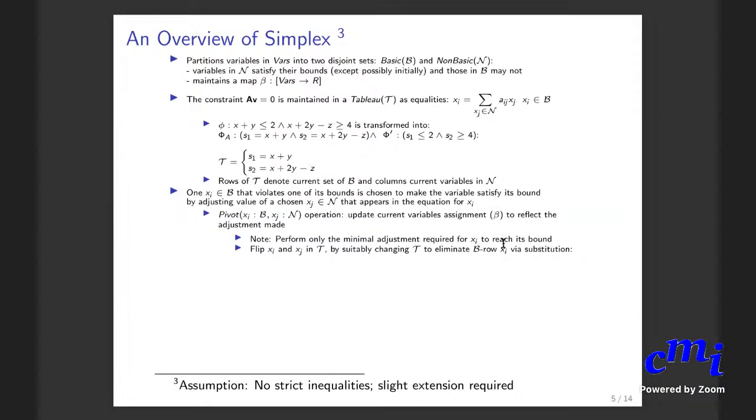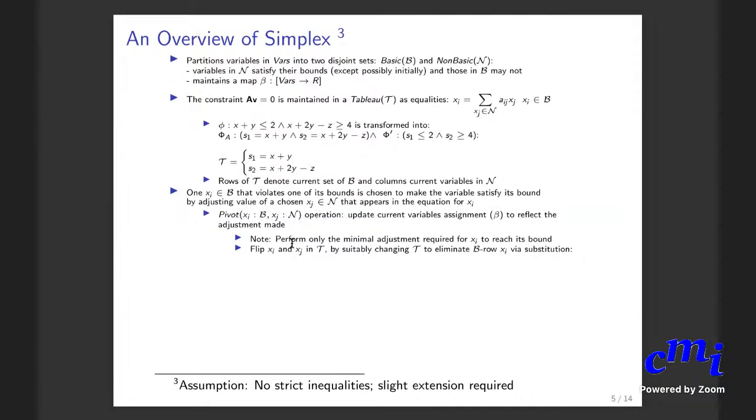If the lower bound constraint is what is being violated, then it changes the value of the non-basic variable to make xi meet its bound constraint, by either increasing or decreasing it so that xi will be exactly equal to its bound. And then it flips that variable. That's why it's called pivot.